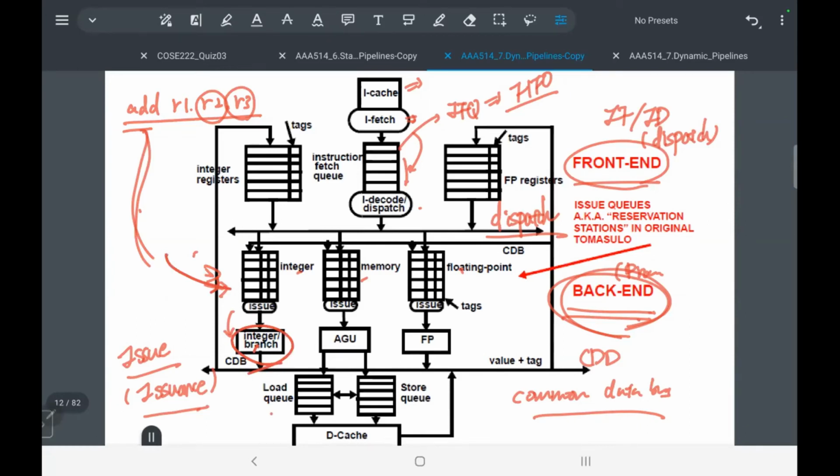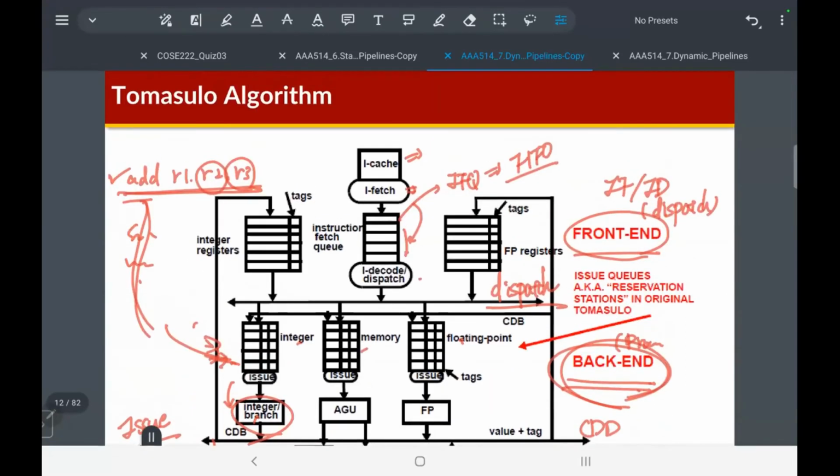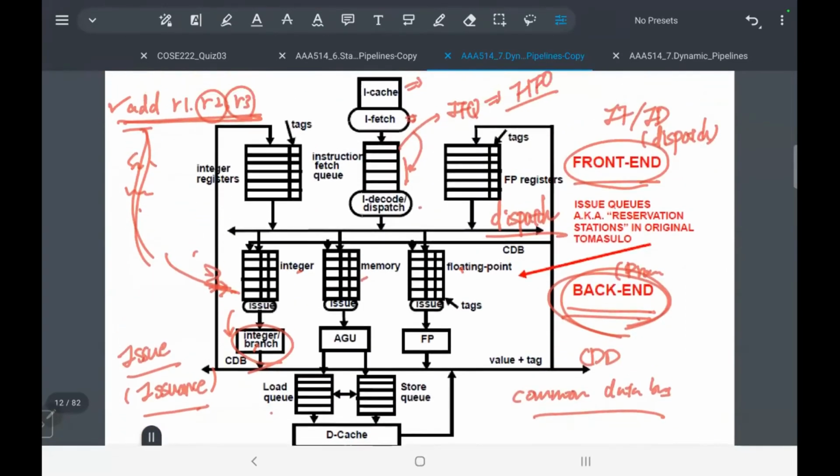There can be some other earlier instructions in this queue, like sum and then some multiply, before this instruction in the integer issue queue. But because this add instruction is ready in the queue, we can execute the add instruction before any other instructions.